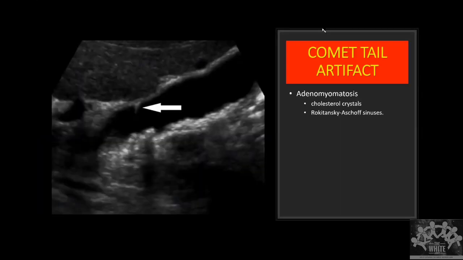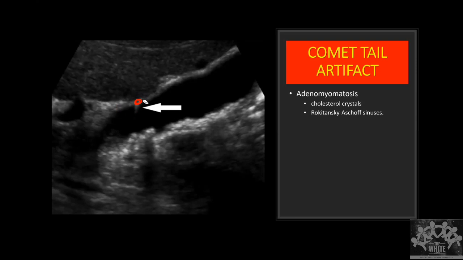Now, one more important phenomenon that we see here is this. See how a pointed appearance of the reflection is happening. This is also multiple echoes coming. There is no structure here because of cholesterol crystals in the Rokitansky-Aschoff sinuses. Aschoff sinuses are the normal sinuses present in the gallbladder.